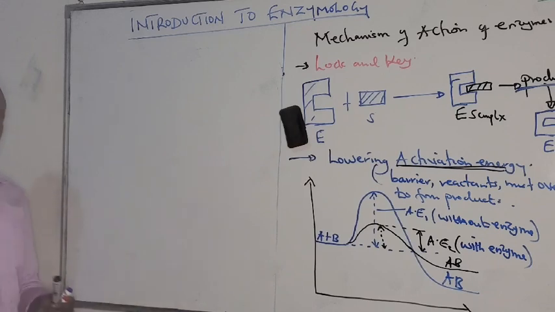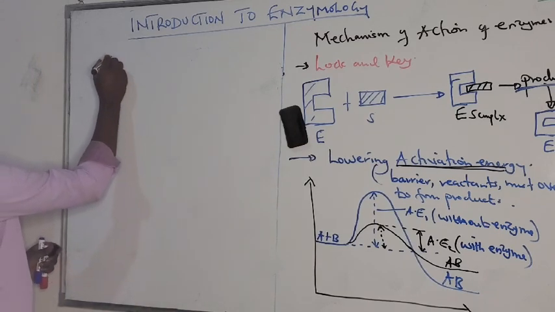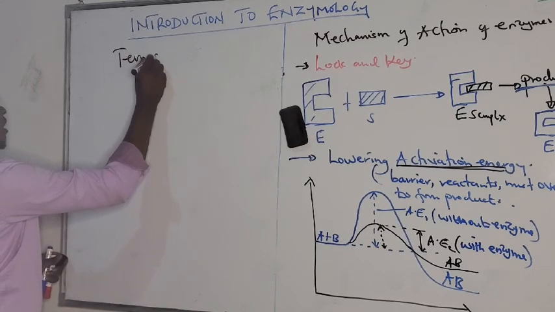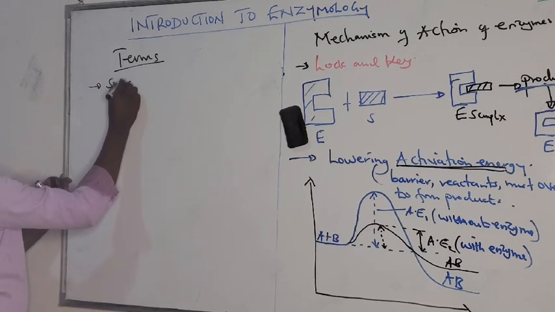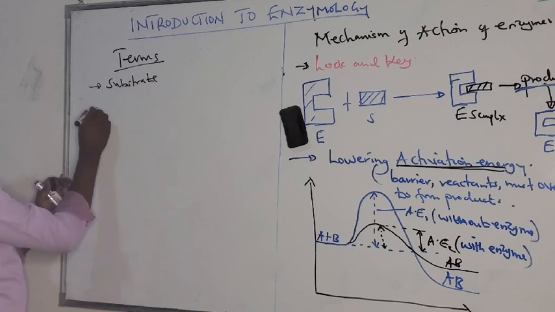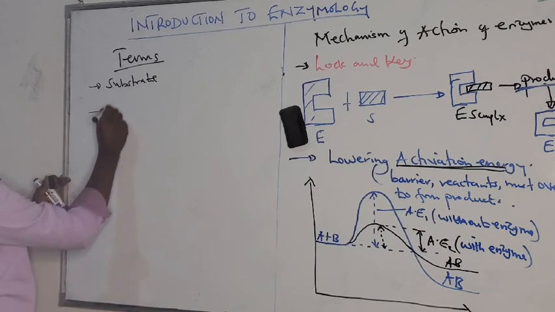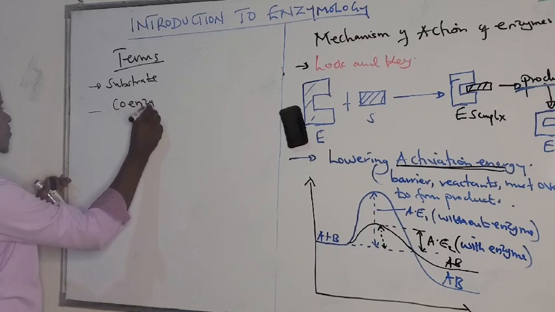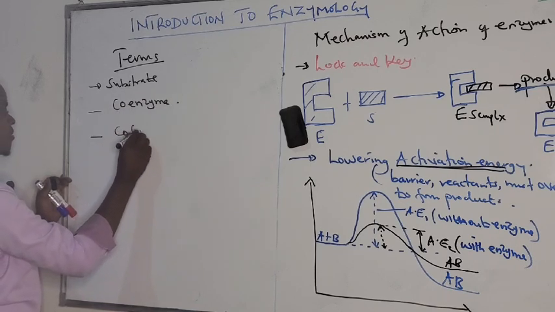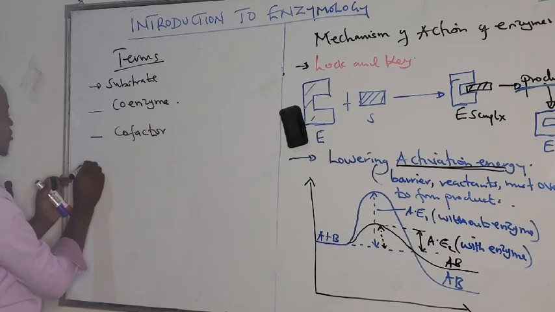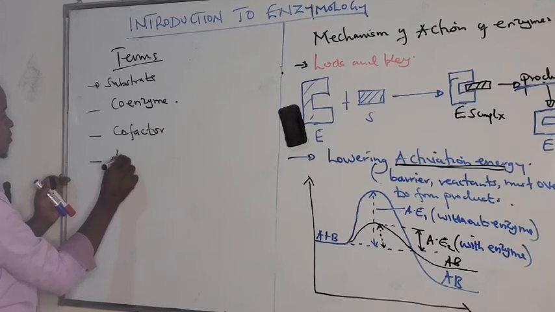And these terms include, we are looking at the definition of terms, whereby we shall need to know what is a substrate. We shall need to know what is a coenzyme. We need to know what is a cofactor. We need to define an apoenzyme.